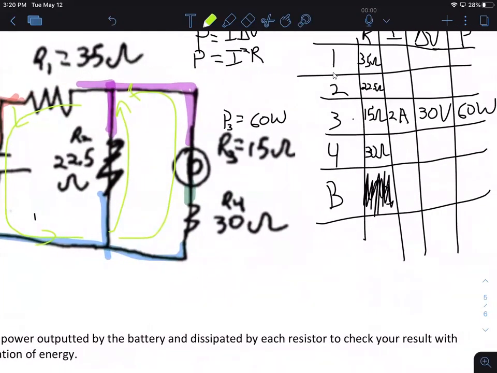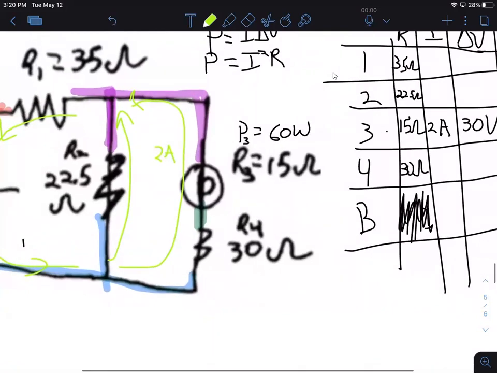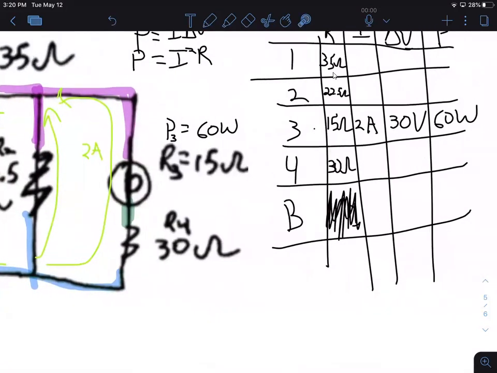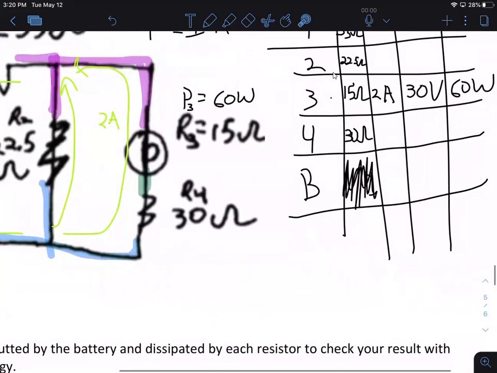So I just found that this current here is 2 amps. I haven't touched this delta V yet, because I don't really know either of these, so not super useful information just yet, but we will be using it shortly. So this 2 amps I can see is going through the light bulb.